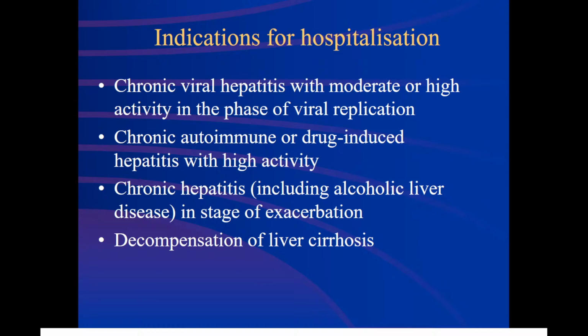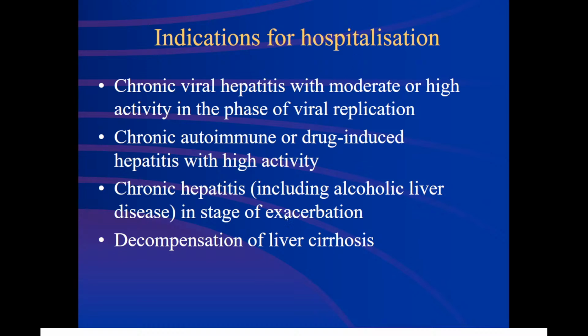It can progress very fast and may lead to acute liver failure, which can cause death. So it is better to hospitalize patients, don't leave them at home, for prophylaxis of complications and disease progression.